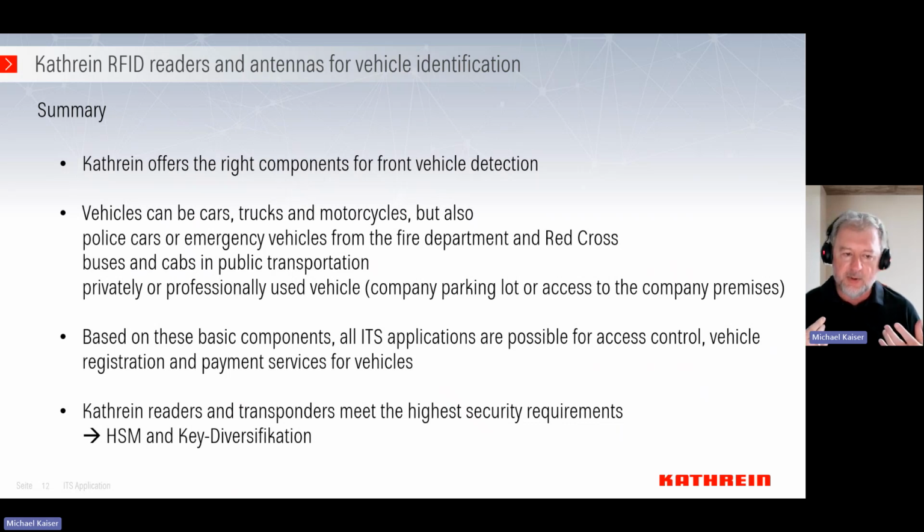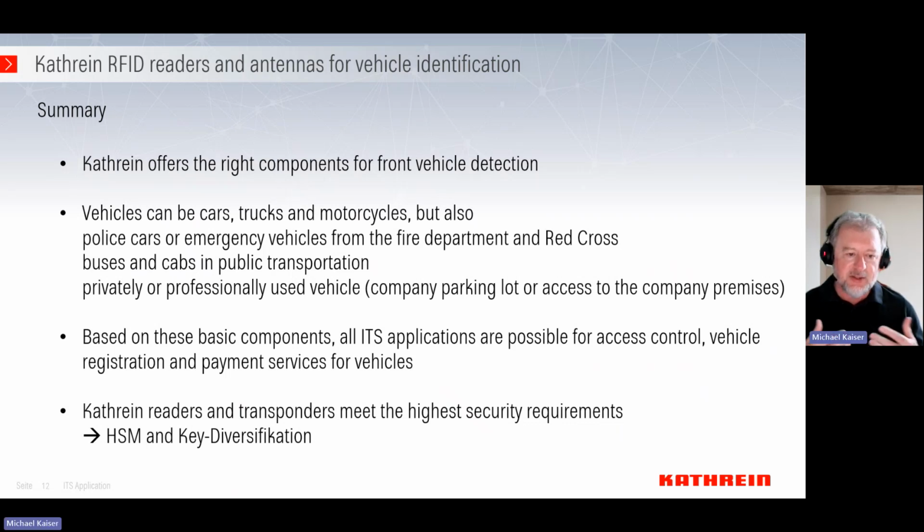We can catch buses and taxis from public transportation and collect the data, for example, for the buses, to have an update for the timetable. When will the next bus arrive? You can use and transmit the data, and more will be done. And you can have it for parking cars, either privately used or professional use cars on a company parking lot or on company premises.